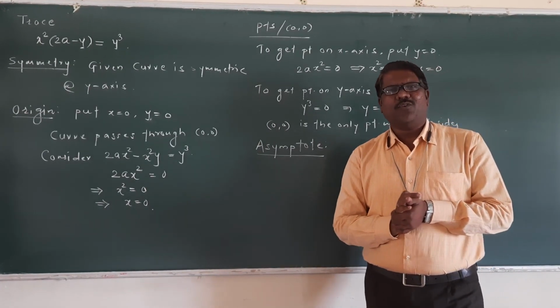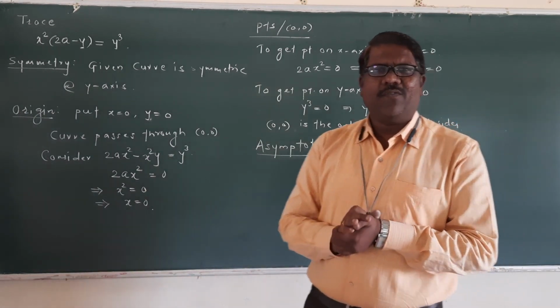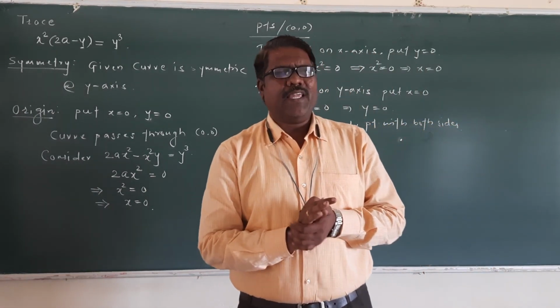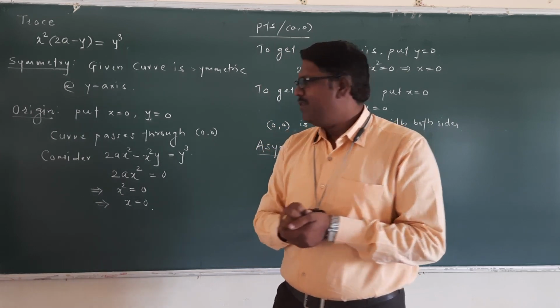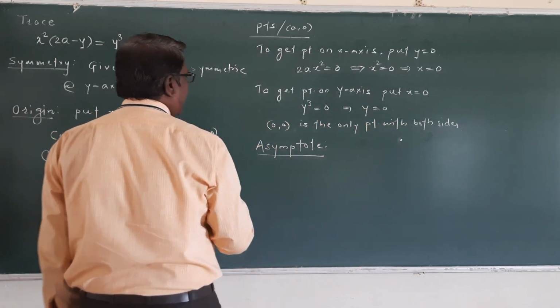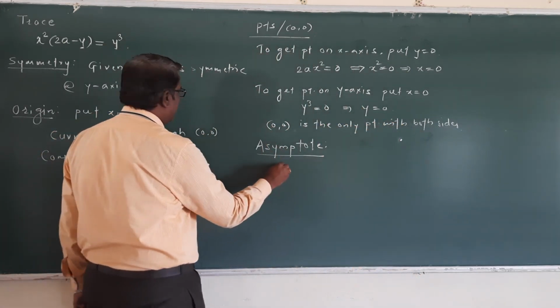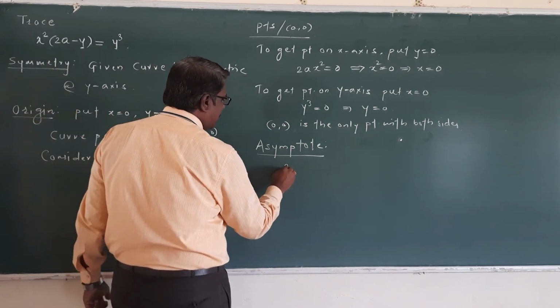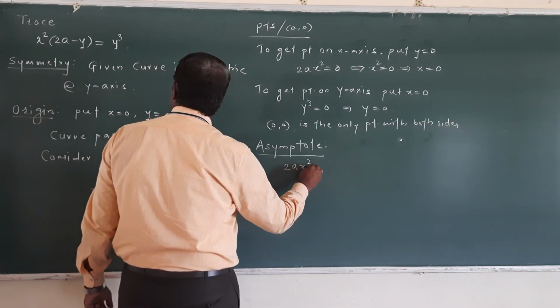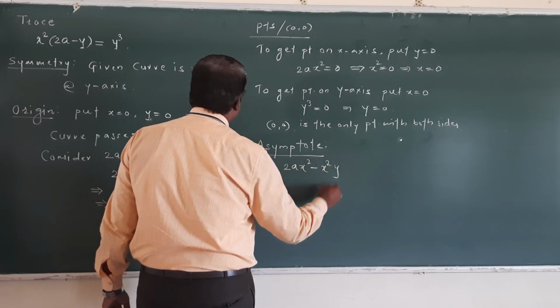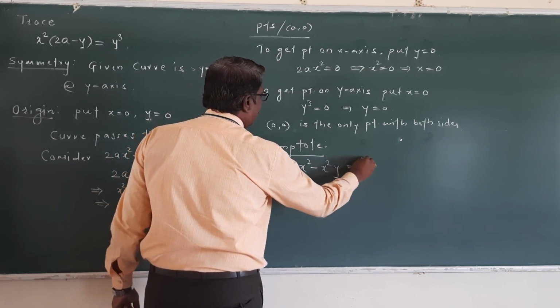Similarly, to get an asymptote parallel to y-axis, equate the coefficient of the highest power of y to 0. So if I write the equation of the given curve, I get 2ax square minus x square y is equal to y.